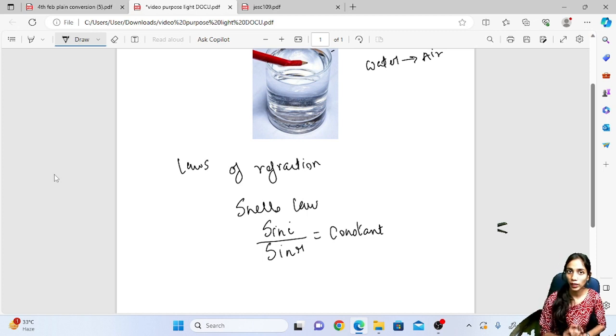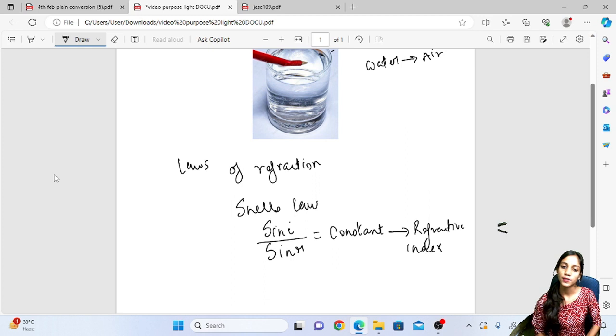For that particular pair of media, the ratio of the sine of the angle of incidence to the sine of the angle of refraction is always a constant number. It will not change, and this constant is called the refractive index. This is the second law of refraction, which is also called Snell's law.